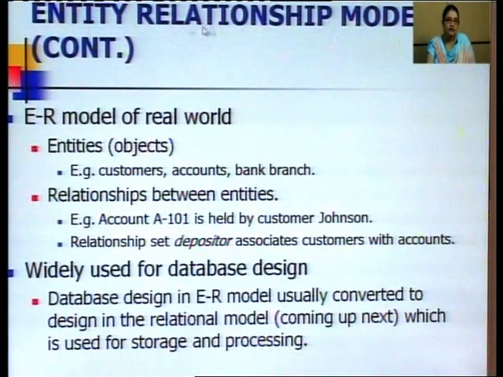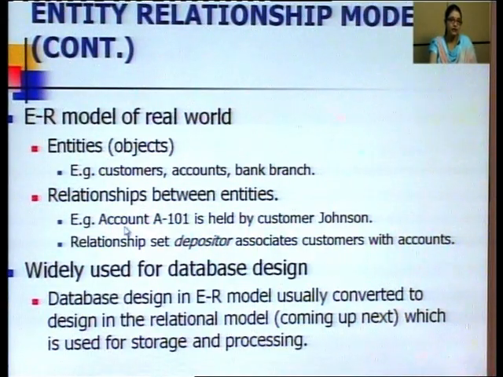Next comes the entity relationship model, which is made of real world entities. An ER model is always made up of real world entities or objects which can be customers, accounts, bank branch or any employee, and it also represents the relationships between entities.